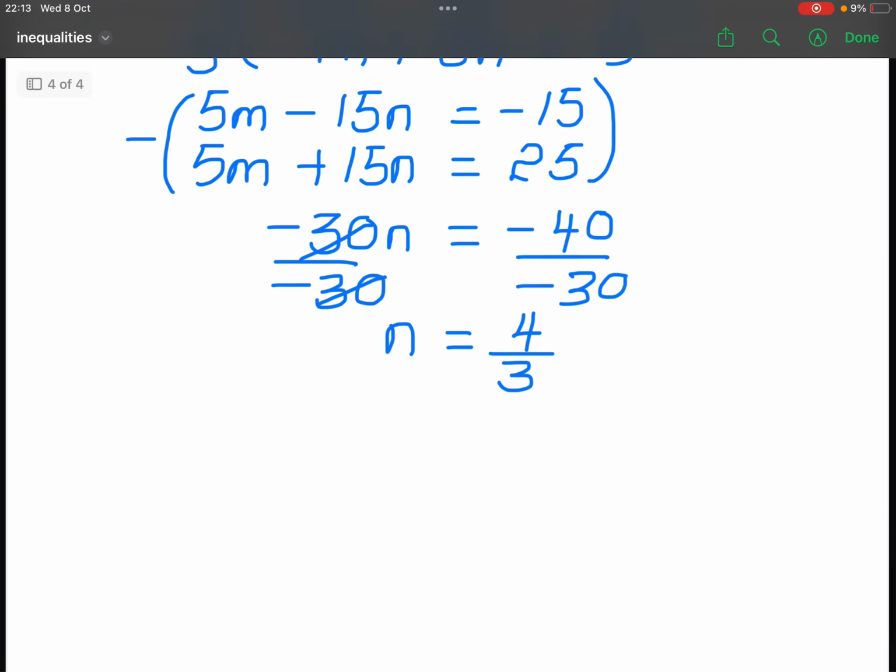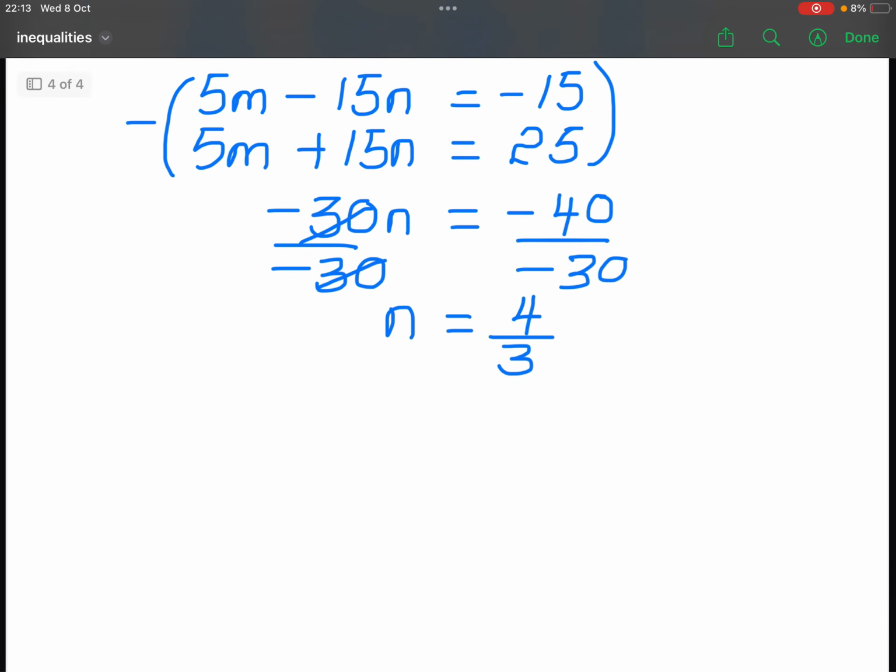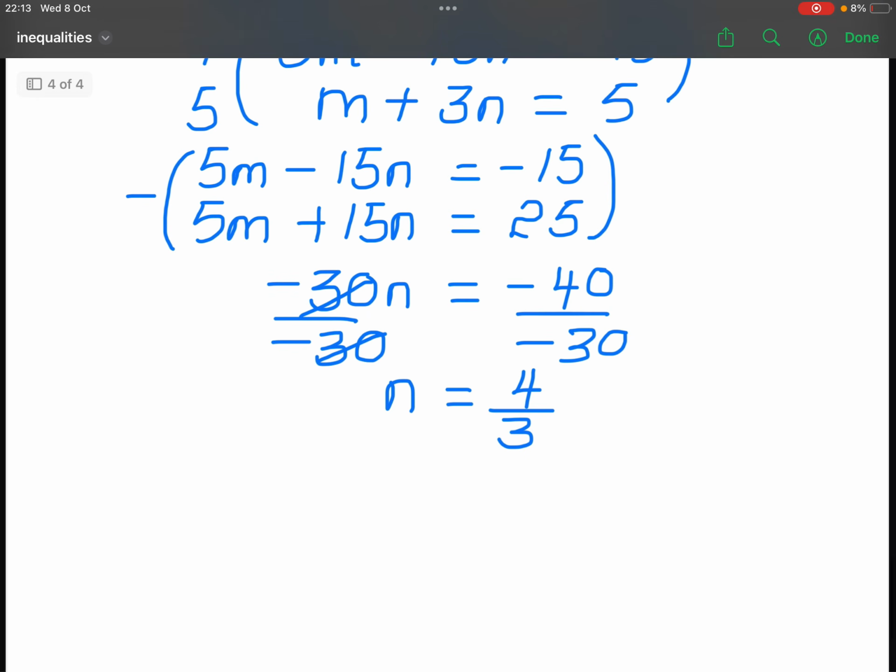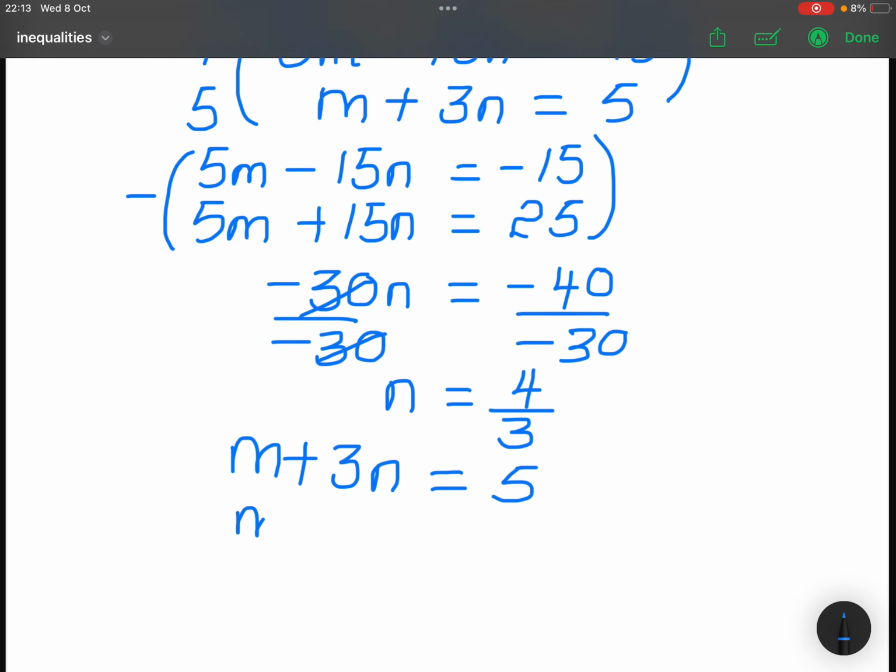And then after that, we need to substitute this n, which is 4 over 3, in the equation saying m plus 3n is equal to 5. So we write m plus 3n is equal to 5. m plus 3 times 4 over 3 is equal to 5.